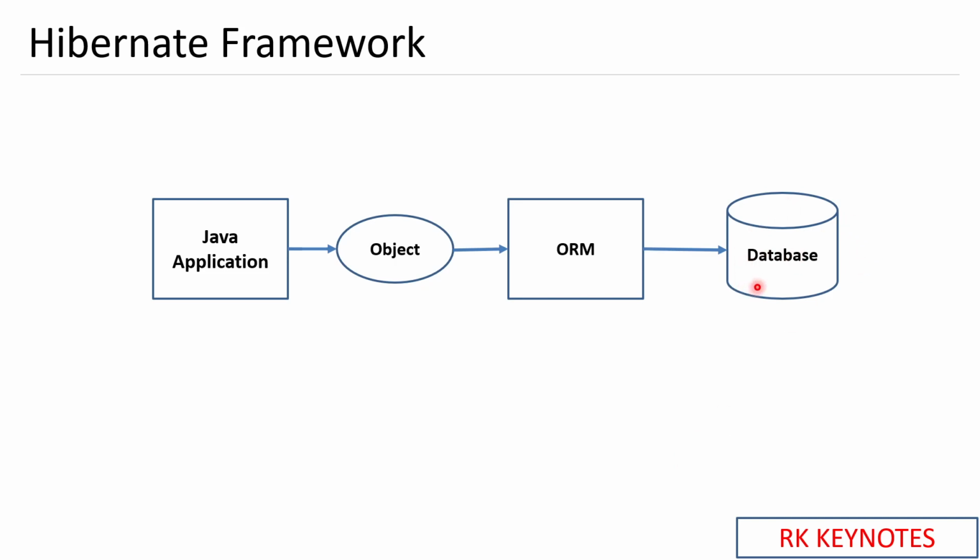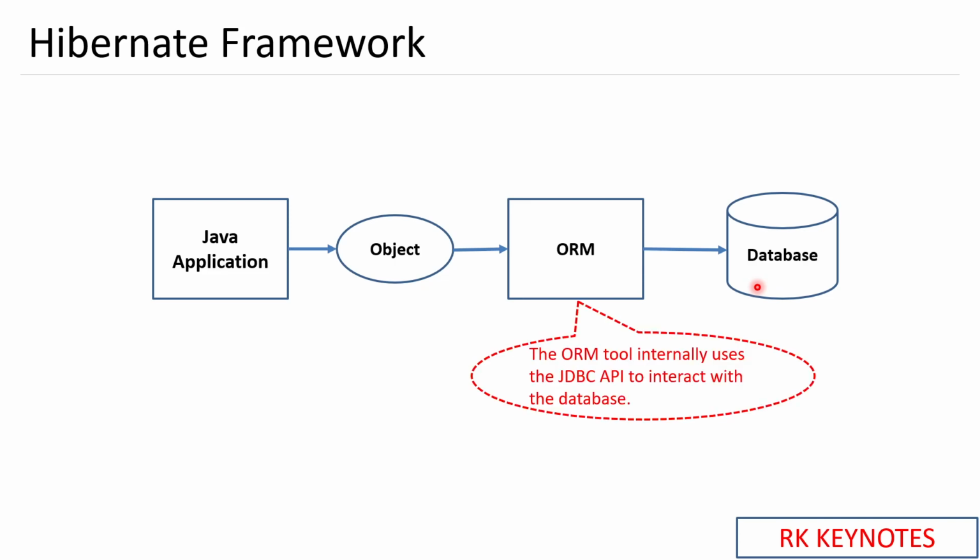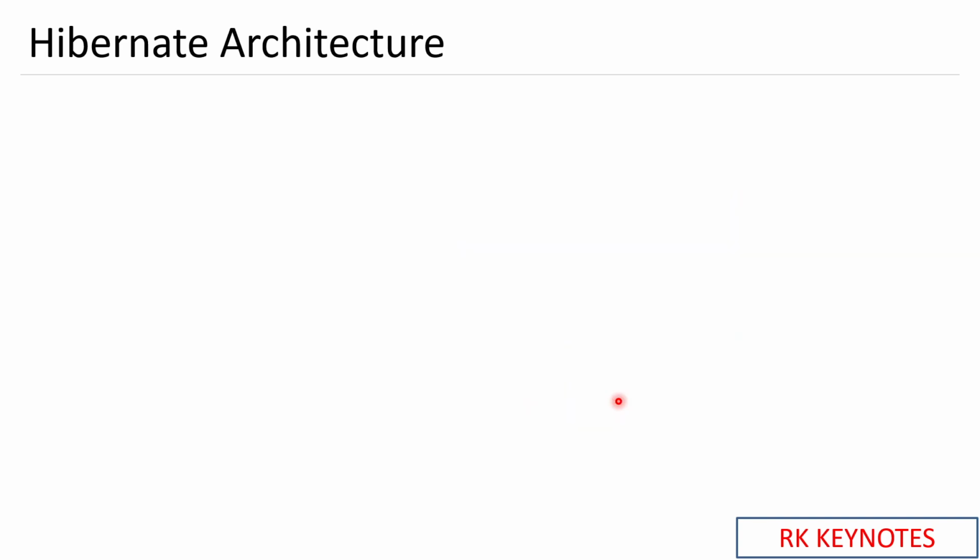Once it is mapped, we call it persistent objects. Now, what is a persistent object? From the POJO class, these objects will be mapped directly to the database tables. That's it. This is the summary until now. This ORM uses the JDBC API internally for the database connection purposes and all.